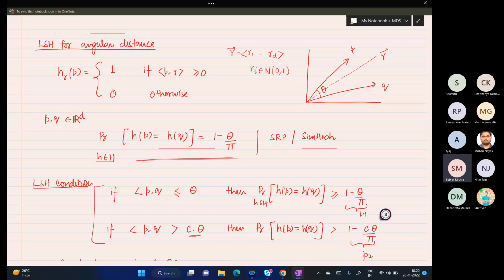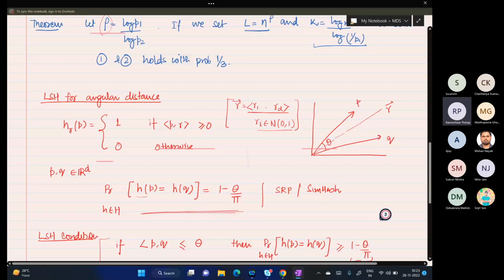So basically generating this hash function is nothing but generating a random vector, right? So suppose you generate a random vector like this. Essentially this random vector R captures one hyperplane. You generate another random vector that will capture another hyperplane, and consequently the hash functions are like this. Got it.